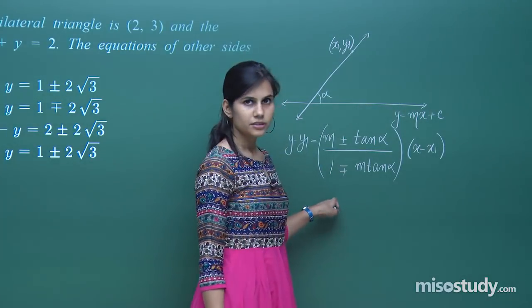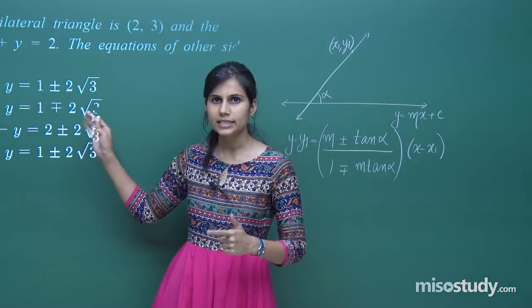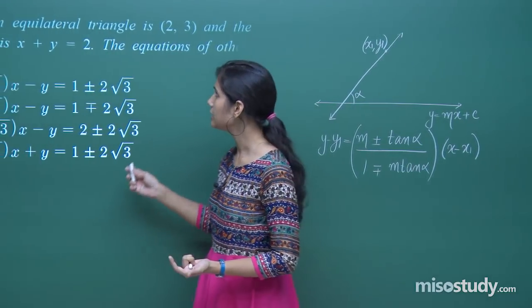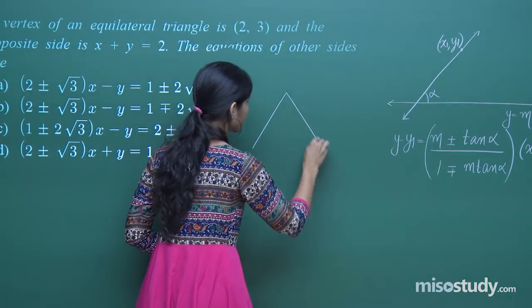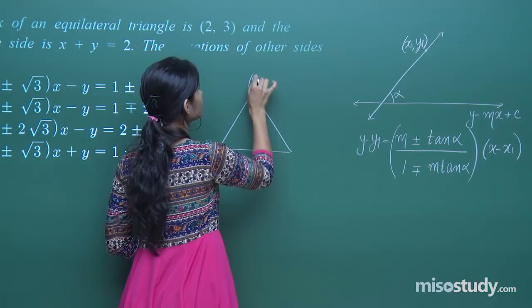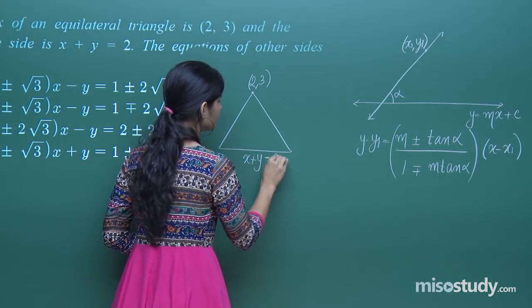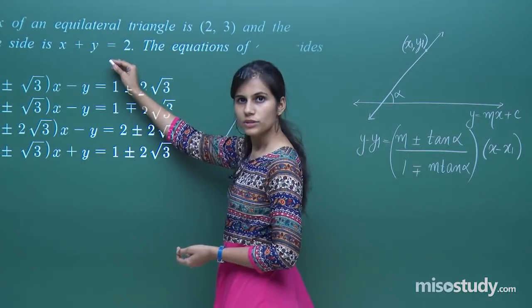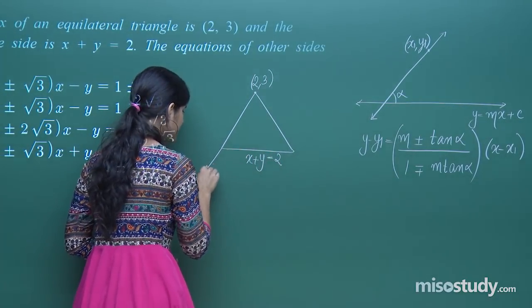Now over here we just need to understand how this formula is applicable in this context and hence get the equations very easily. So I have this triangle with me. So this vertex is (2, 3) and this is x plus y equals 2.